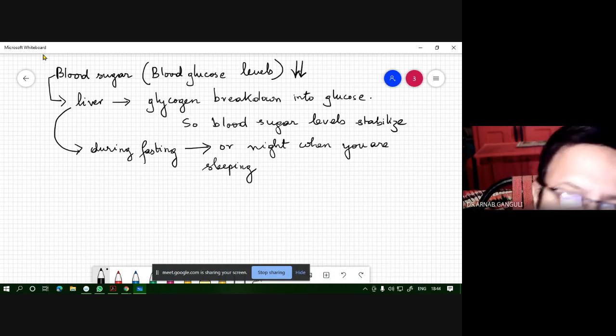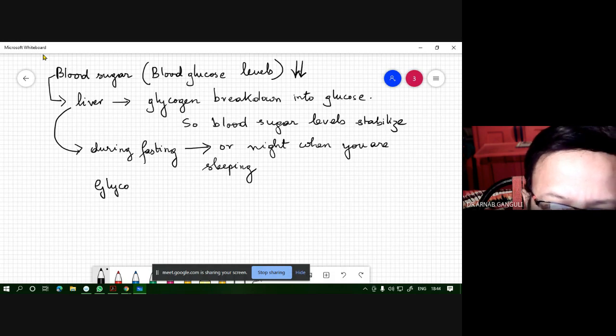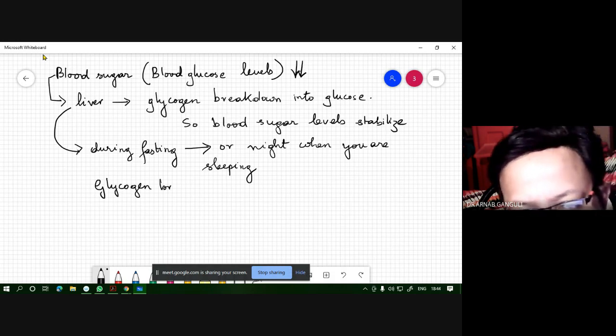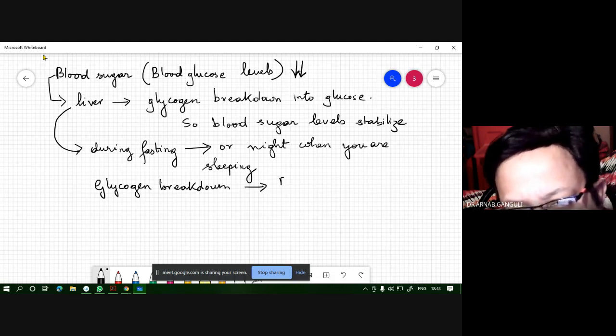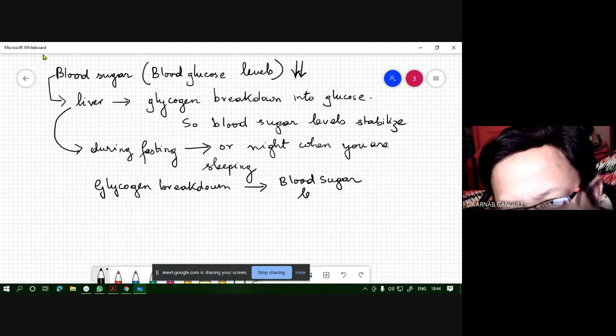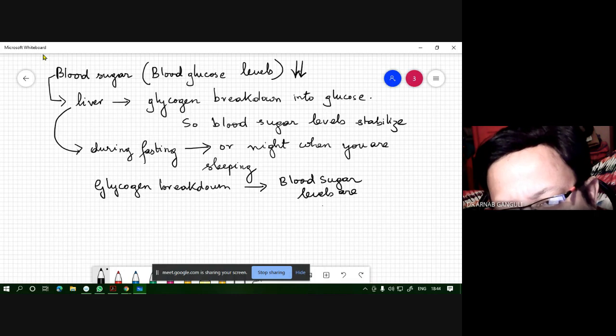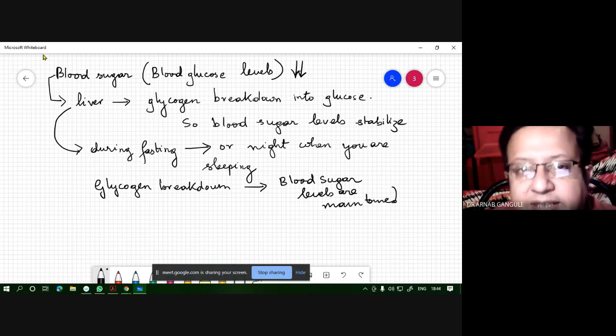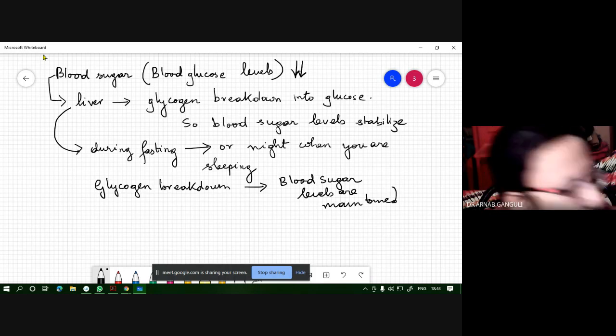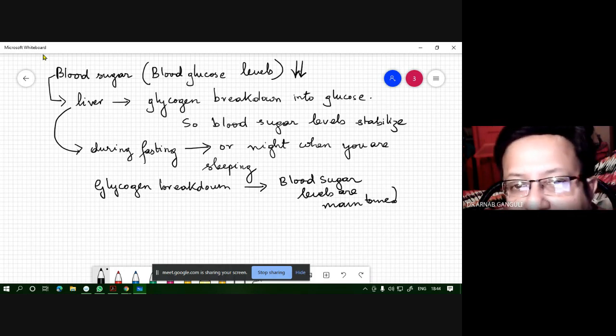So when you are doing your roza during Ramzan, the whole day this process, glycogen breakdown, keeps on taking place. Breakdown takes place and your blood sugar levels are maintained. Normally gluconeogenesis takes place during the night, and this takes place during the day.